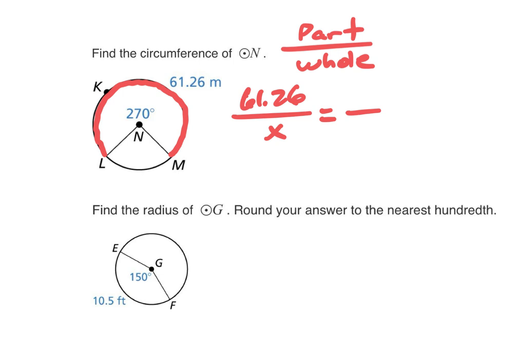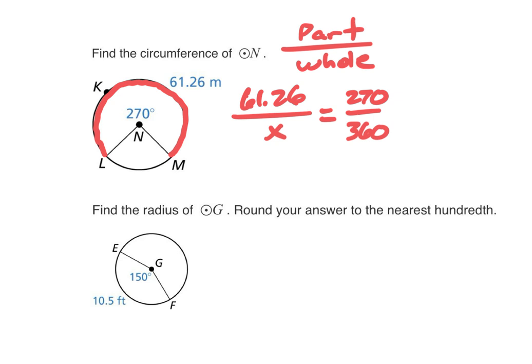We know the degree, the part of that is 270. The whole circle is 360. So when I know 3 out of the 4 parts, I'm going to put those 3 parts into the proportion, and we're going to find the 4th part. Okay? Same idea, a little bit different number that we're finding here.